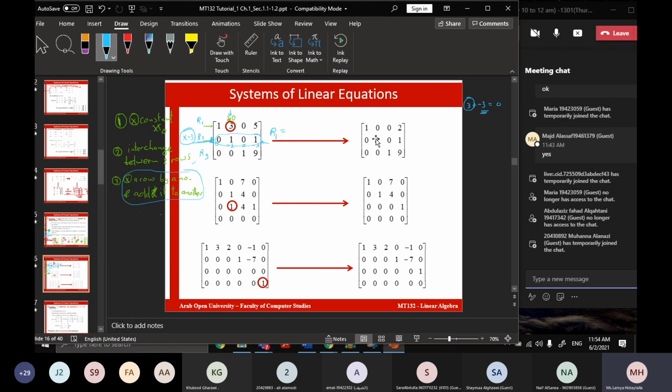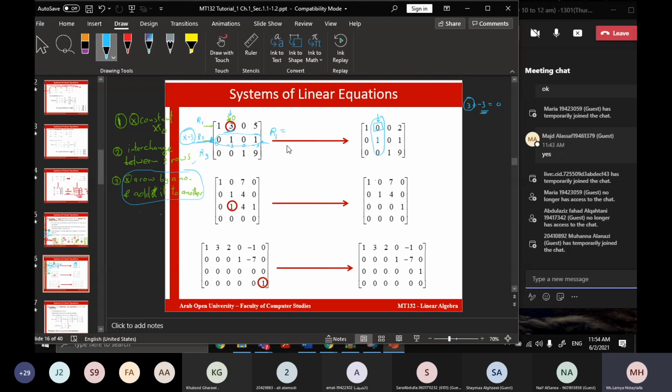Yes, and now it's clear. This element, instead of 3, now became 0, and I'm okay now because in this column that has a leading one, all the other entries are zeros.